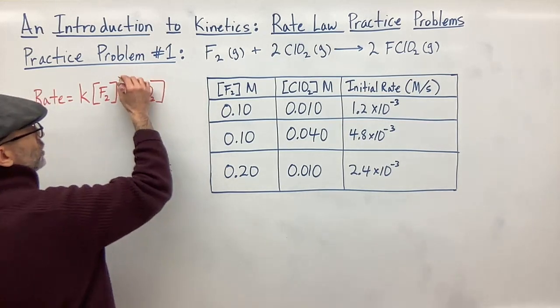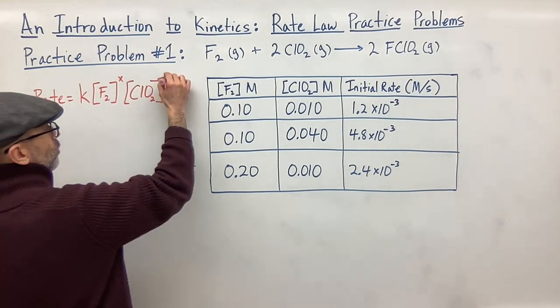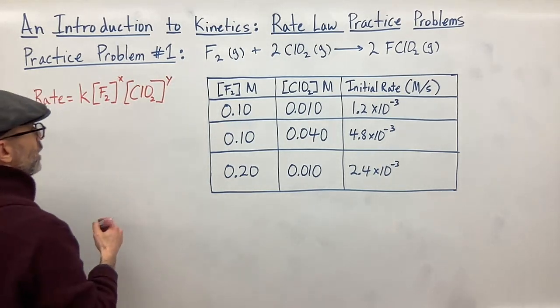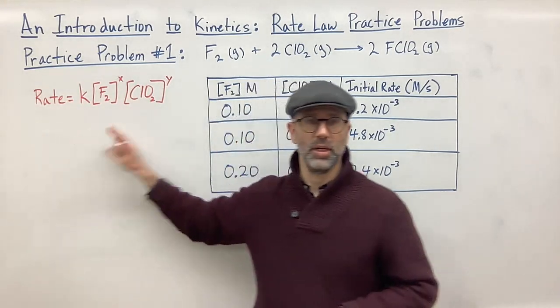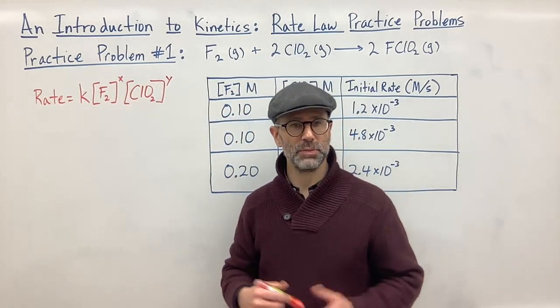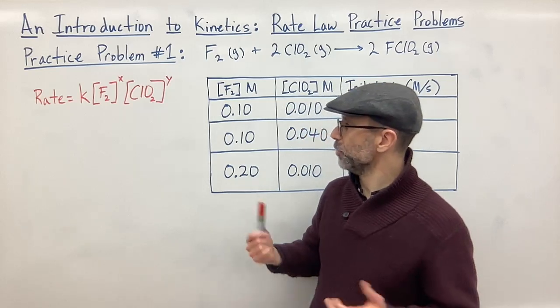I think I said coefficient, I meant exponent, x exponent, and we have y exponent there. And so here we have our skeletal rate law expression or equation.